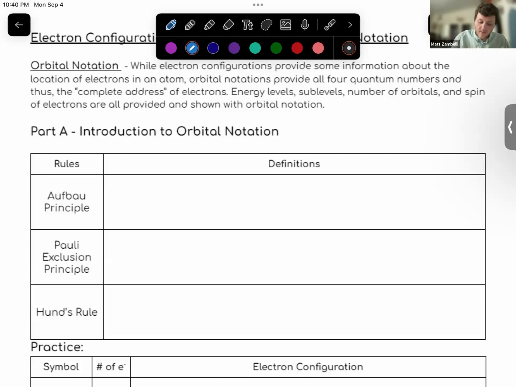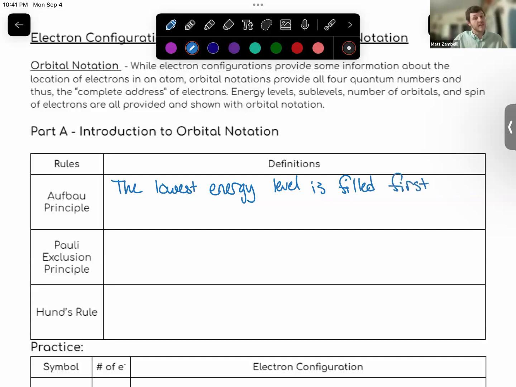So remembering that the lowest energy level is filled first, that just means we start with 1s and work our way up to 7p. All right. We don't start with 6p and hope for the best. We always start down at 1s.